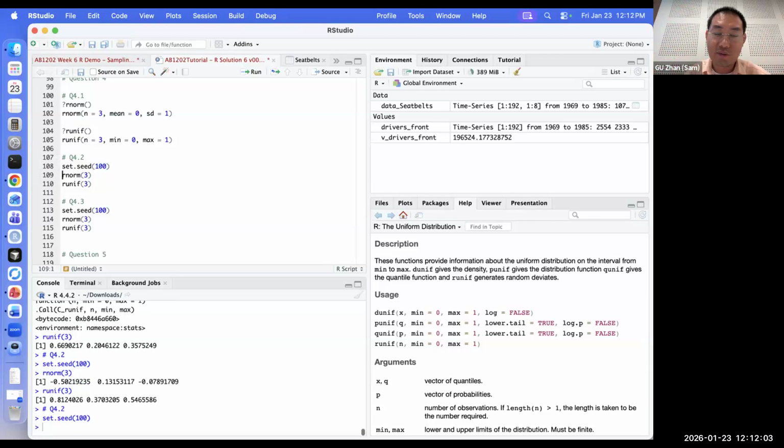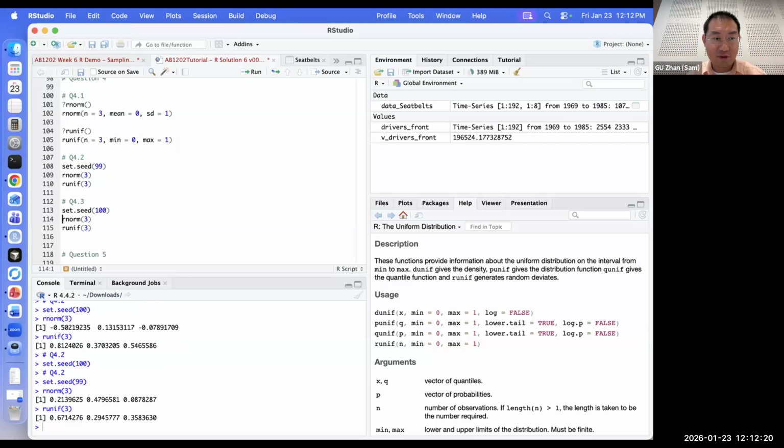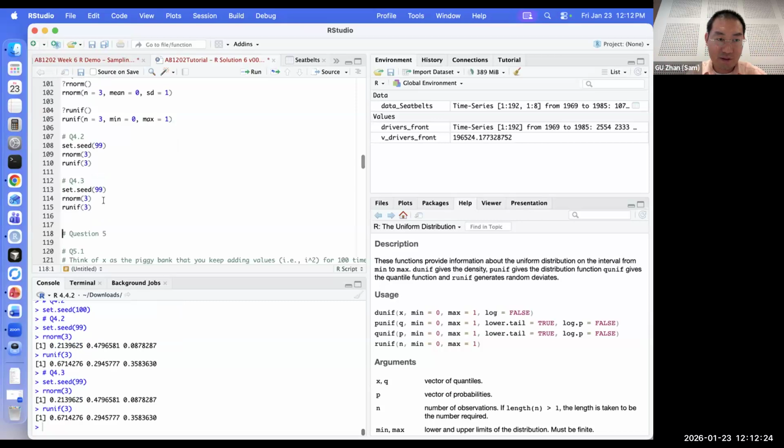So seed number 100 will give you a unique list of very long random numbers. Then if you change to 99, it gives you another, different, very long random list, so your result will also change. But as long as you use the same seed number and repeat again, you will observe that the samples being generated are the same. Okay.